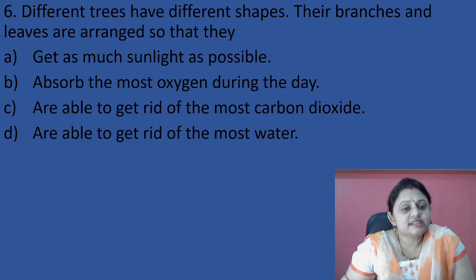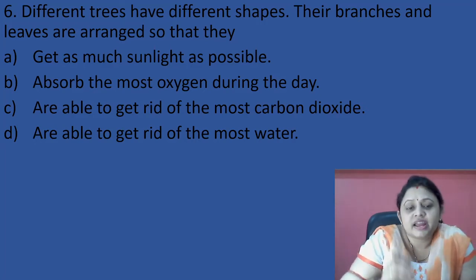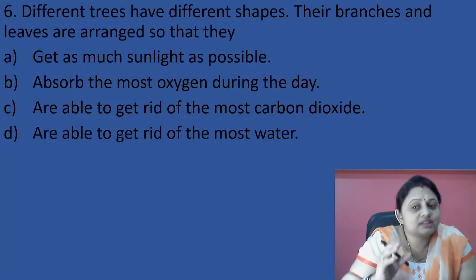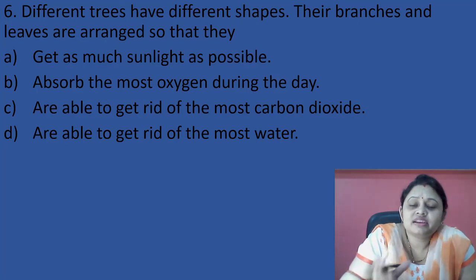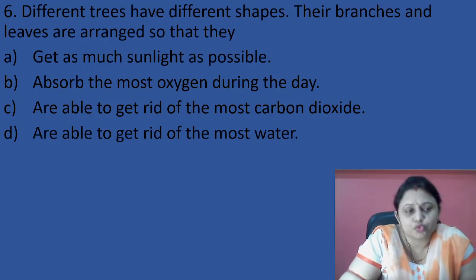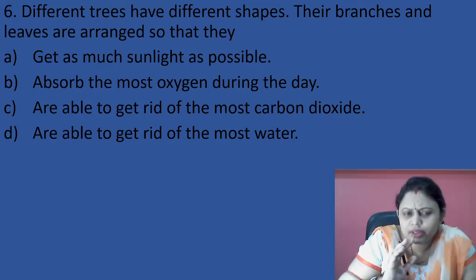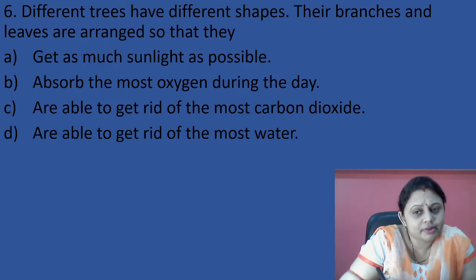Next. Different trees have different shapes. Their branches, leaves and flowers are arranged differently. So the question is why they do so. Option A, get as much sunlight as possible. B, absorb the most oxygen during the day. Are able to get rid of the most carbon dioxide, are able to get rid of the most water.